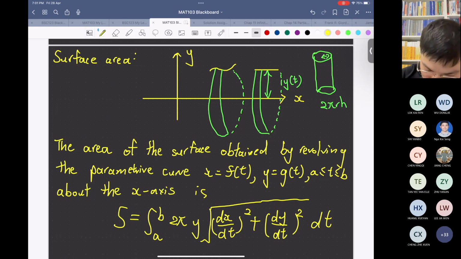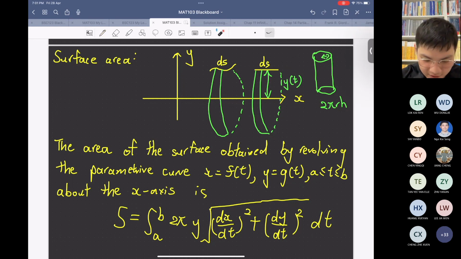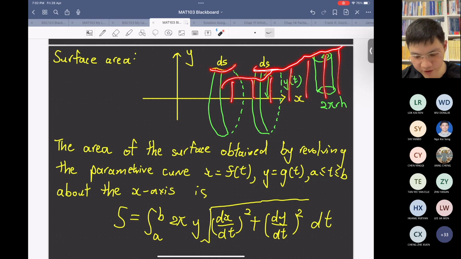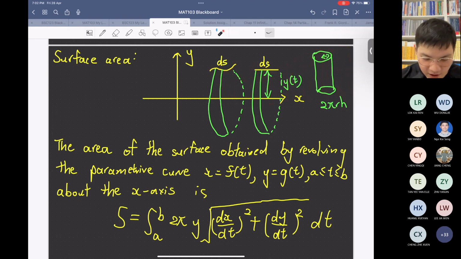Wait a minute. This ds, which we called dx just now, is the arc length. So this arc length forms your h. It depends on how long your curve is. For an arbitrary plane curve, this cylinder is irregular.